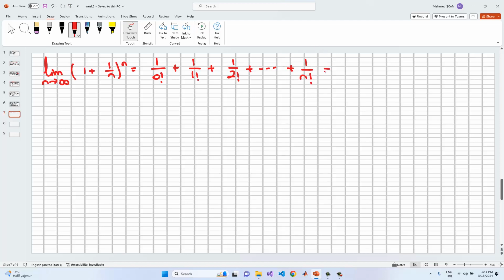This is also the sum from n equals 0 to infinity of 1 divided by n factorial, which is equal to what? This is the famous formula for the e number. This is the derivation of the Euler number.